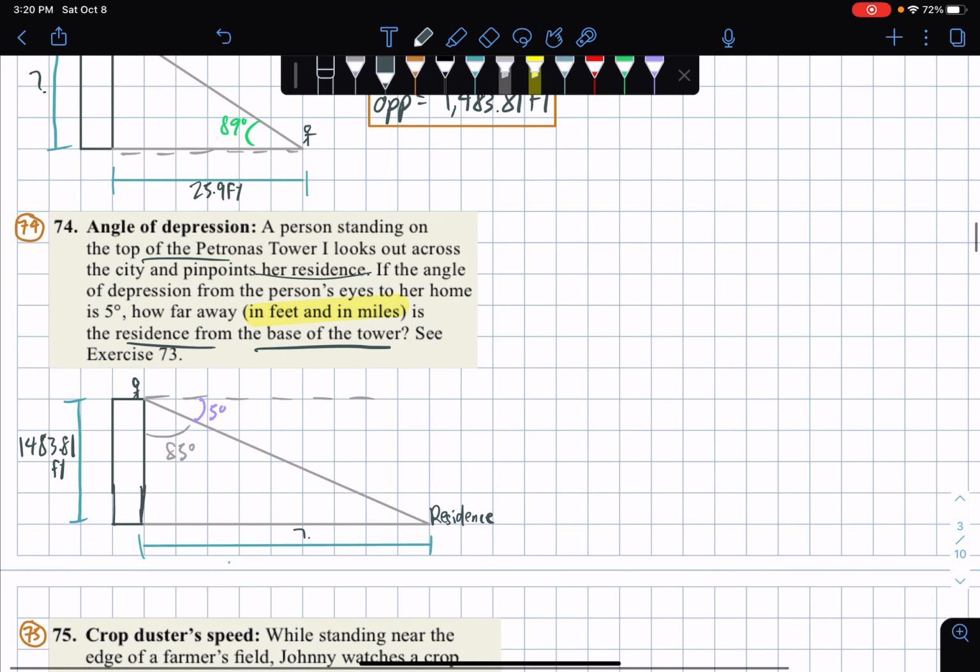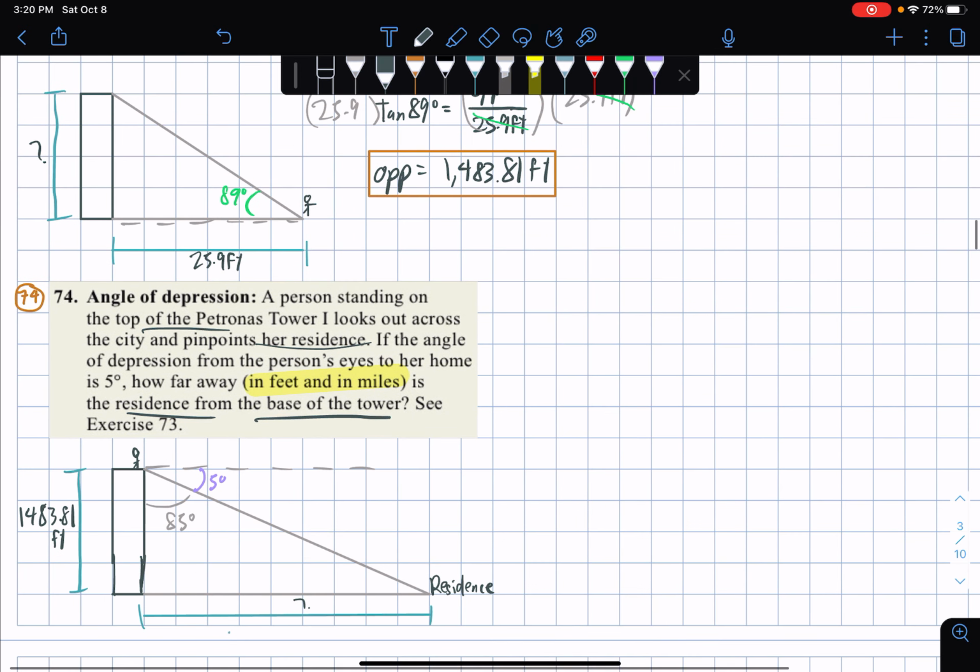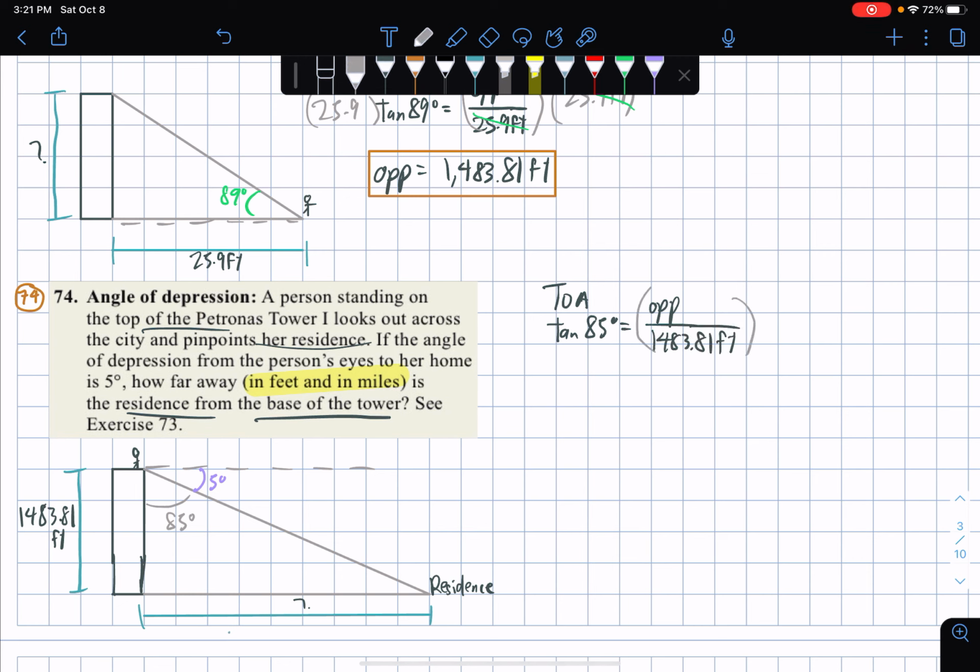Okay. So we'll mind about this later. First, you have to find the missing value. We still use TOA. So tangent 85 degrees is equal to the opposite side, which is the missing value, divided by 1,483.81 feet. Multiply both sides with 1,483.81.